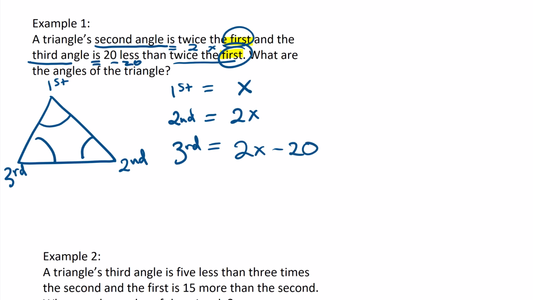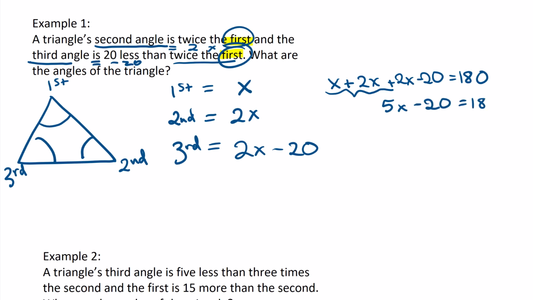Since I know that the sum of the 3 angles equals 180, I can rewrite this as x plus 2x plus 2x minus 20 is equal to 180. Now I'll combine like terms, and that will be 5x minus 20 equals 180.